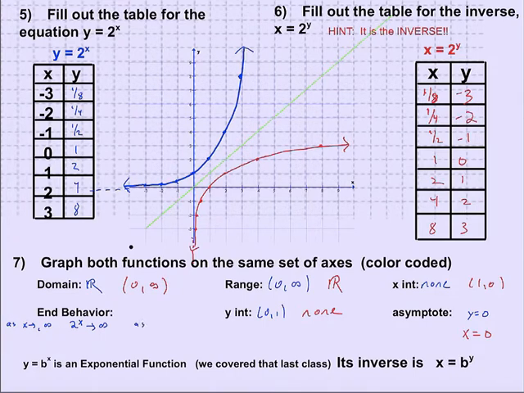And as x approaches negative infinity, 2 to the x approaches 0. I used 2 to the x. I'm about to regret doing that because I didn't want to call it y. I've got two y's.